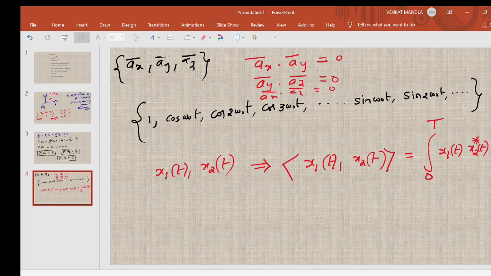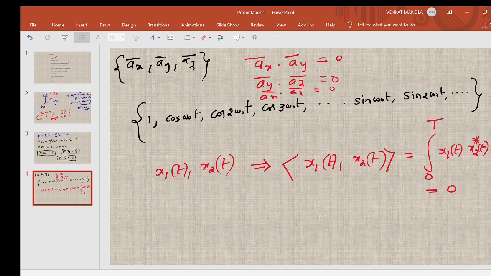This is the inner product. If it is 0, then the two signals x1(t) and x2(t) are said to be orthogonal to each other. So this is defined like this.